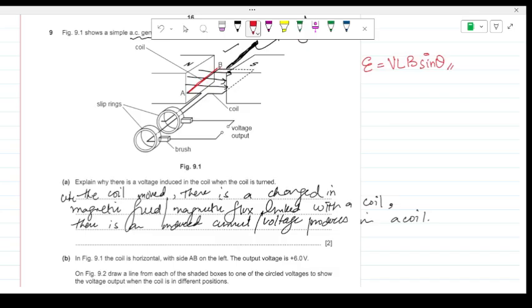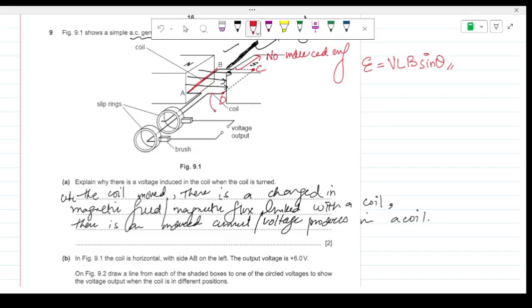If you notice side BC, and also side AD: for BC, the magnetic field lines and the length of the conductor are parallel, so the angle between them will be 0 degrees. So no induced EMF will be produced on the side BC.